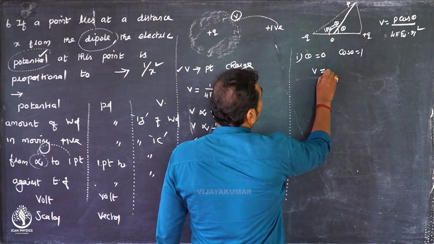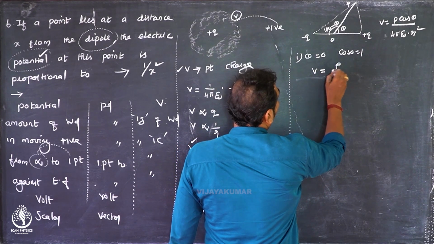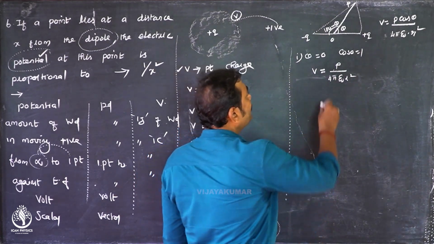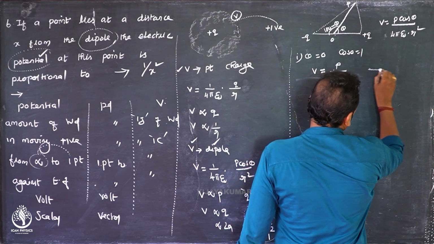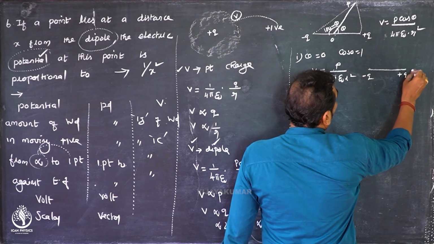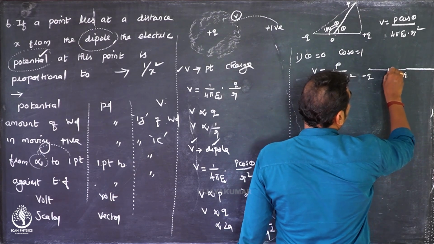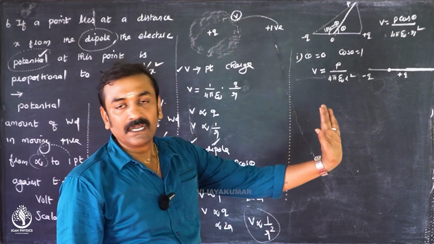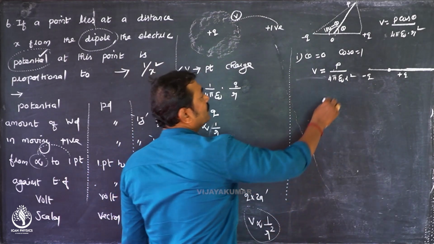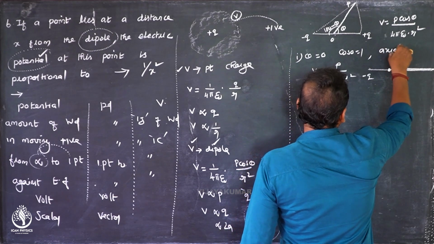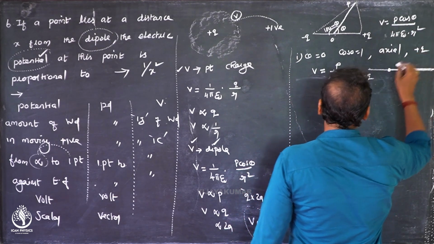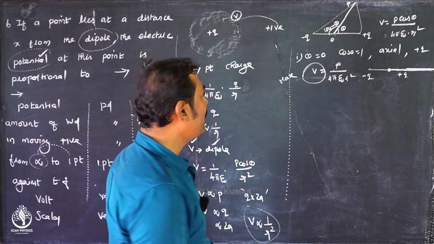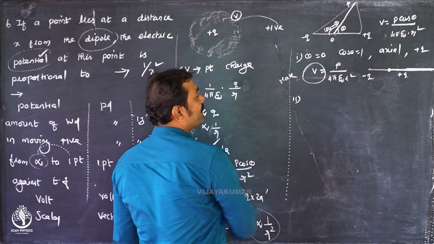So V equal to P by 4 pi epsilon 0 into R squared. So the OP line falls along the axial line, along the plus Q side, then the potential will be maximum. Okay, then we can go for the second case.